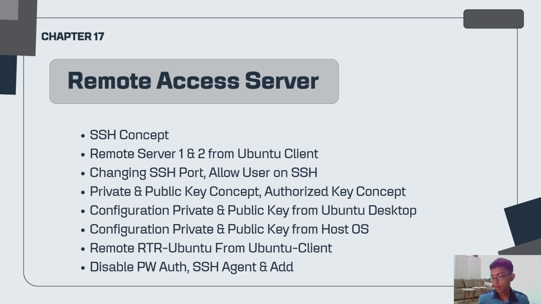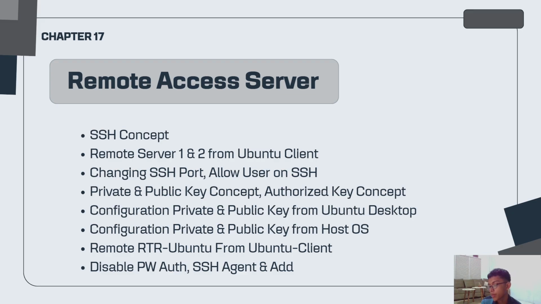And for the next one, it is ssh-agent and ssh-add. So you already know, if you already log in using the public key, you don't need to enter the passphrase again.